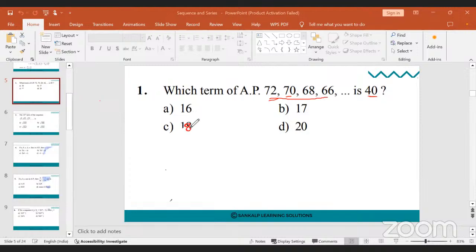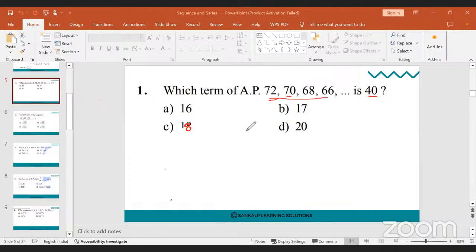Option C is 18, it is misprinted. Yes, option A has been given by many students. Let me check the answer. Suma has given option B as the answer. So time is over. Let me explain this.